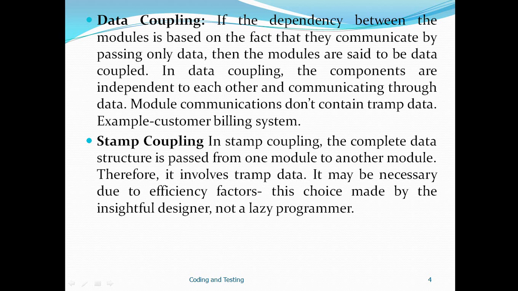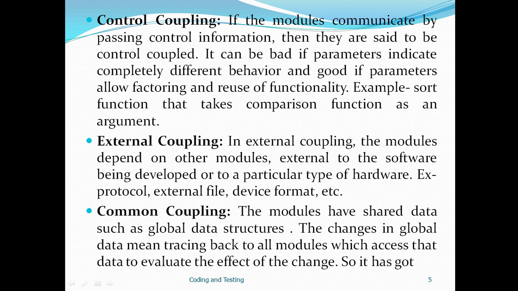In stamp coupling, a portion of the data is changed. It must be changed by the developer or the programmer; it is not possible for the user. In control coupling, control is passed between the modules.